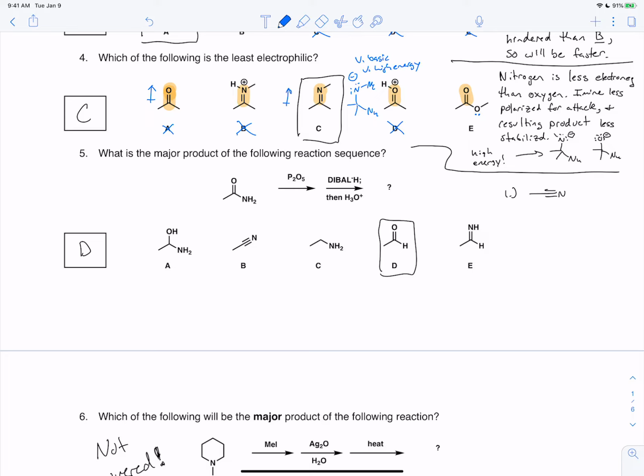And this is simply because a nitrogen isn't nearly as good at stabilizing negative charge as oxygen. So even though an ester will be slower than something like a ketone in an addition, it still ends up trying to get to an intermediate that is relatively accessible overall.